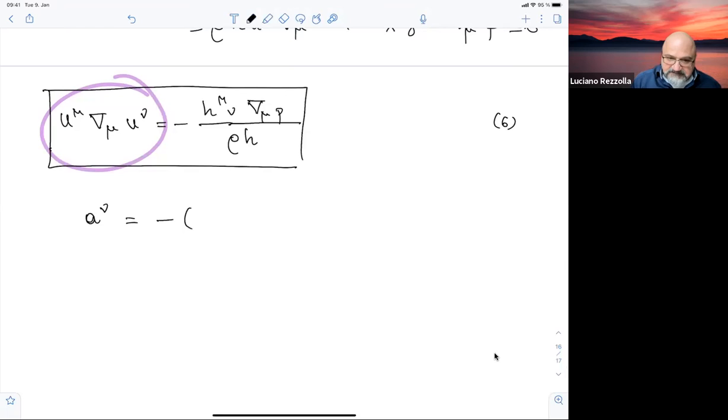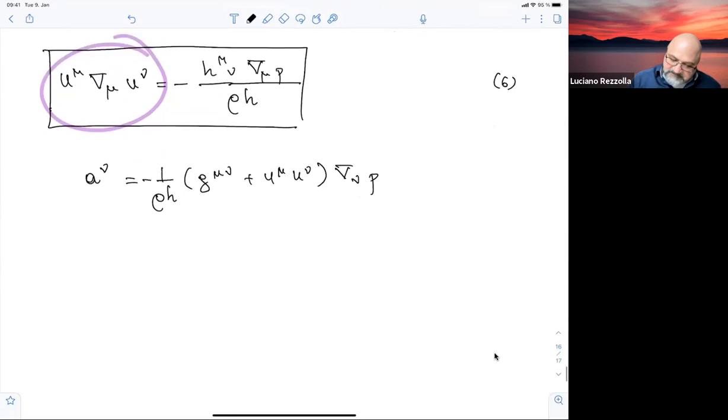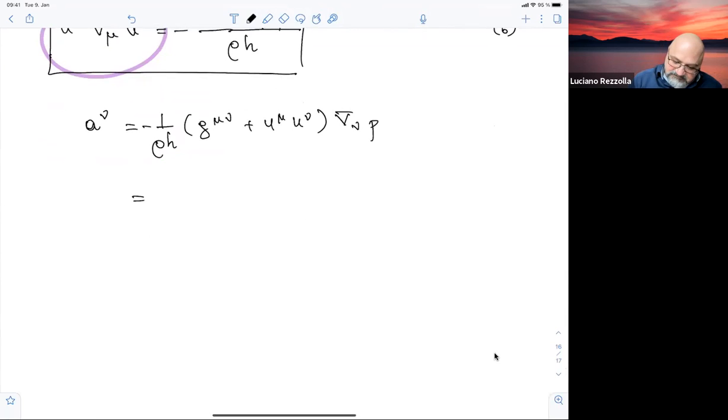So this would be g^{μν} plus u^μ u^ν, ∇_ν p, and this is equal to 0.